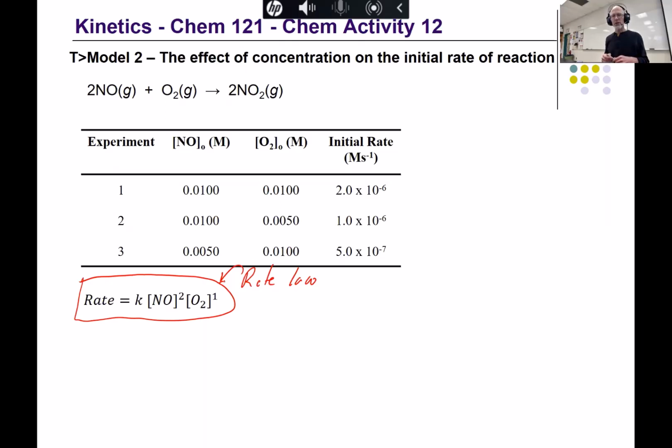It also will allow us to determine the value and the units for the rate constant. Knowing the rate constant for a reaction is really useful, and its units as well. So there are some interesting connections. It's going to take some time, though, to unpack why the rate constant is such a useful value.